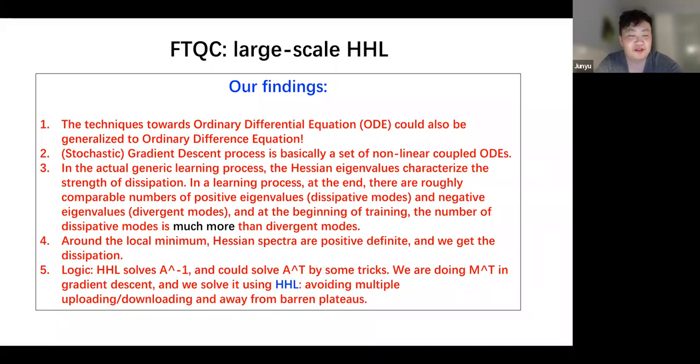Furthermore, this algorithm avoids multiple uploading and downloading between classical and quantum devices, because the algorithm only requires you to solve from iteration 0 to iteration t at once. You don't need to do it t times. It's done once, basically by doing the matrix multiplication A to the t directly using the quantum algorithm.